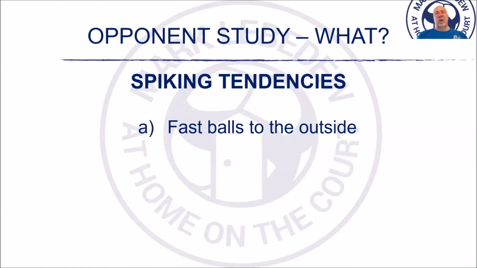And we know before we even start some of the tendencies that are general for all spikers. So we know we can predict at men's professional level, and you should be paying some attention to your own level, and you hopefully will have built up a database of information, at least in your own mind, preferably with some evidence to back it up.